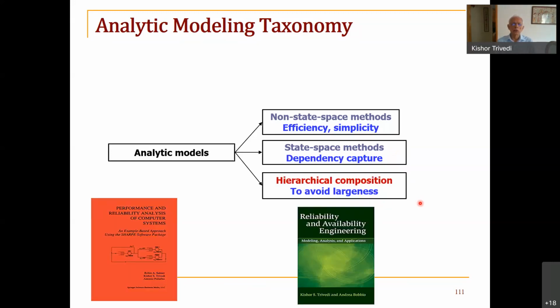There are two principal books where you find a lot of information about hierarchical composition. This is the red book that we developed around 1997, primarily about SHARPE and the methods implemented in SHARPE. And the green book has a huge amount of material on hierarchical composition.